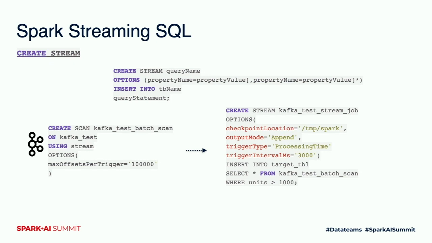It wraps the job parameters together with DML SQL. Here is the detailed syntax. Create stream Kafka text stream job with options clause, which is used to set the runtime stream job parameters, and the DML operations on the Kafka text scan.